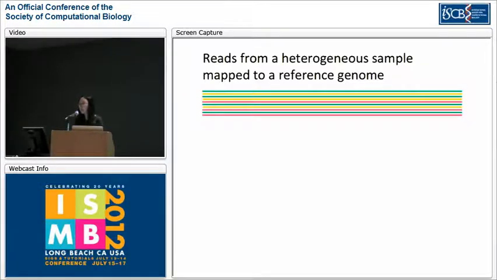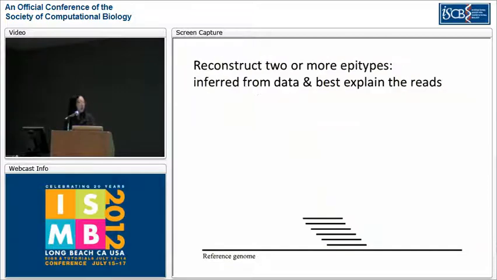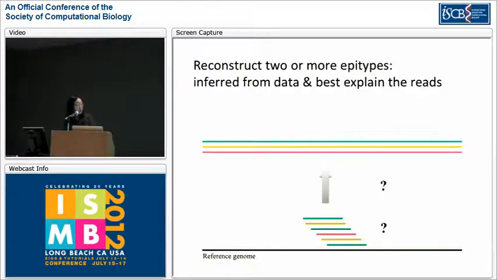That is, you have reads from a heterogeneous sample that are mapped to a reference genome, except, of course, we don't know which read is from which one, what we call epitype. So what we would like to do is assign each read to a particular epitype, and hopefully reconstruct the original ones.